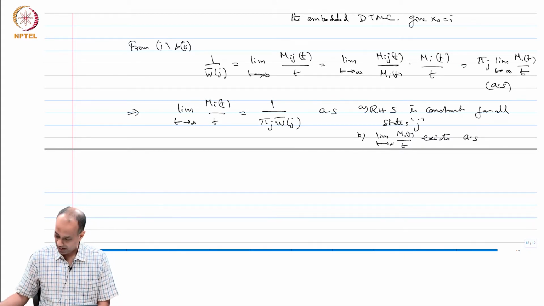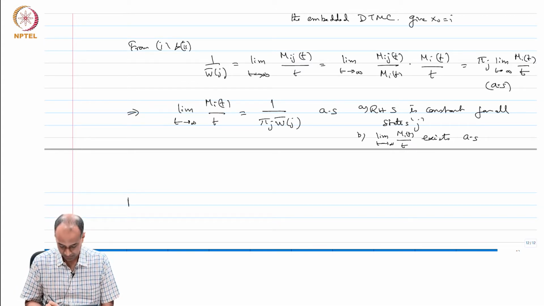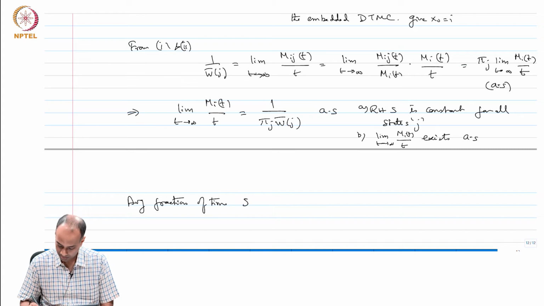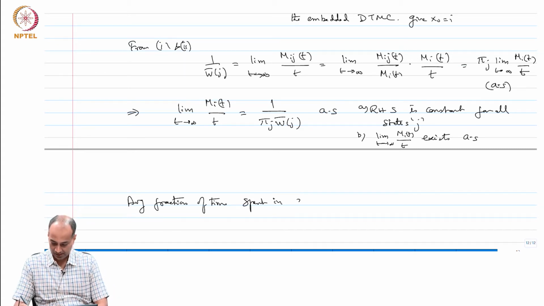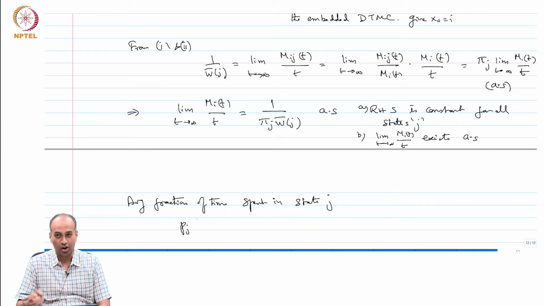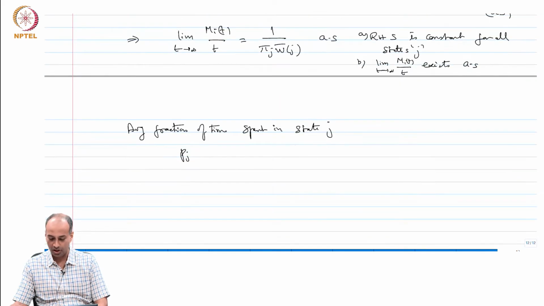Now, if you go back to the average fraction of time, which is Pj, we called it Pj of i and then we got rid of the i dependence.